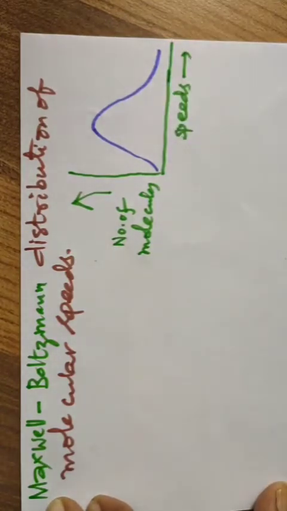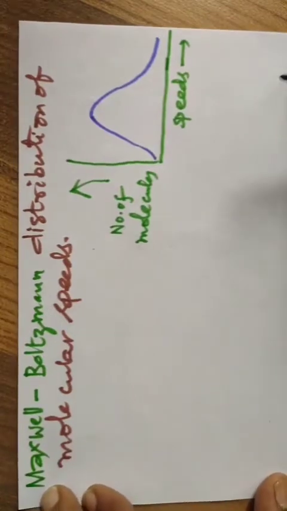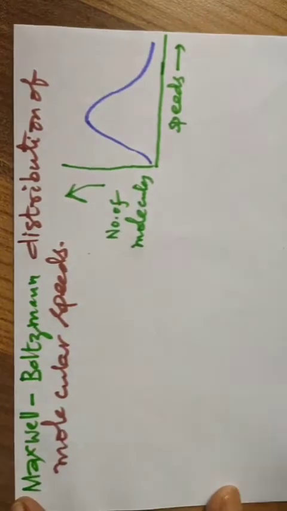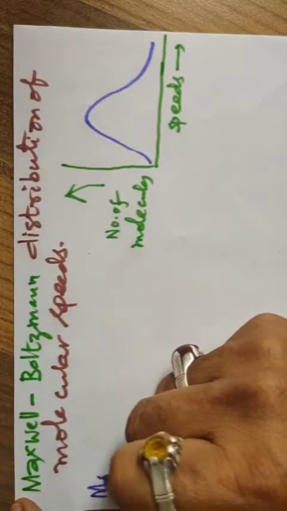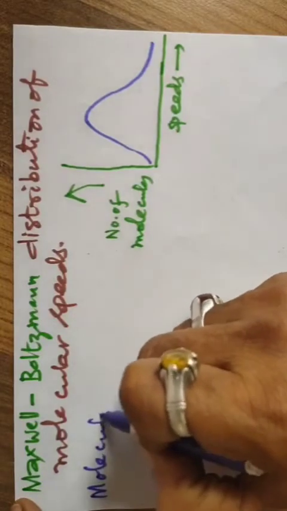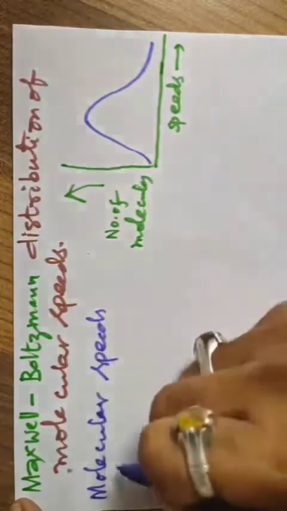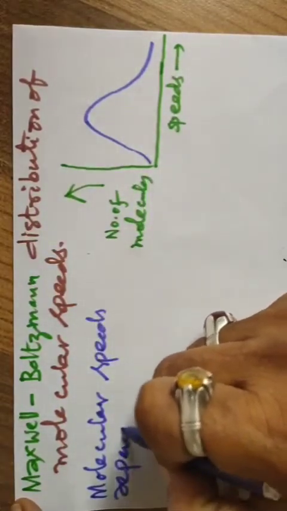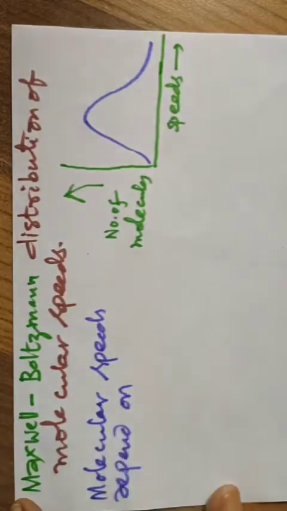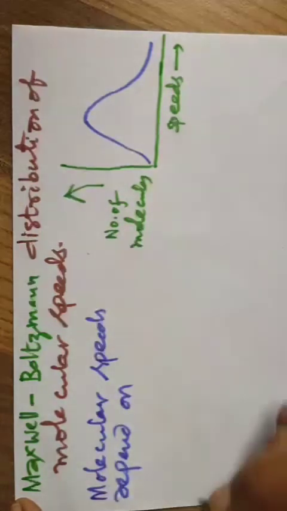So from this graph, we are going to draw some conclusions. Molecular speeds depend on which factors? One is temperature.